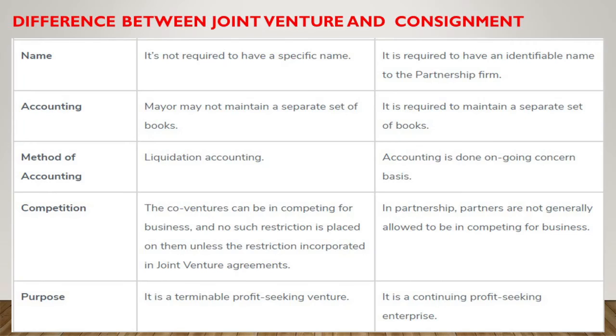Competition. Co-venturers can be in competing businesses. No such restriction is placed on them unless the restriction is incorporated in the joint venture agreement. Suppose two co-venturers have joined hands for laying a road and one more contract is waiting, one co-venturer can go out and take it on his own without consulting the other.